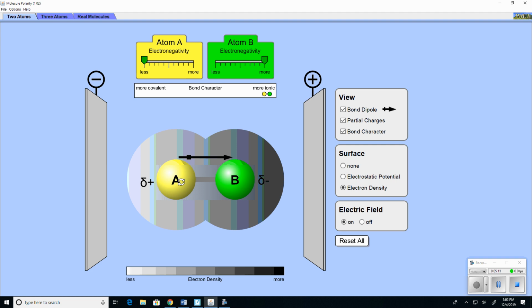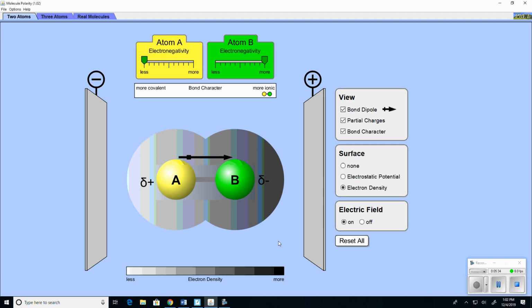As you're finishing up number 7, number 8 says set your electronegativity value to the lowest for A and the highest for B. I already did that. Which one has the greatest electron density? Well, you notice that B is more electron dense.